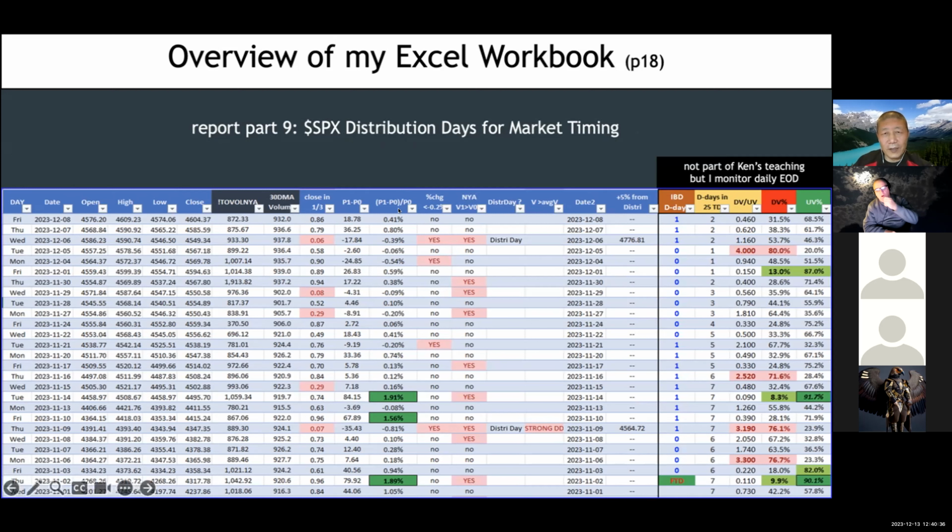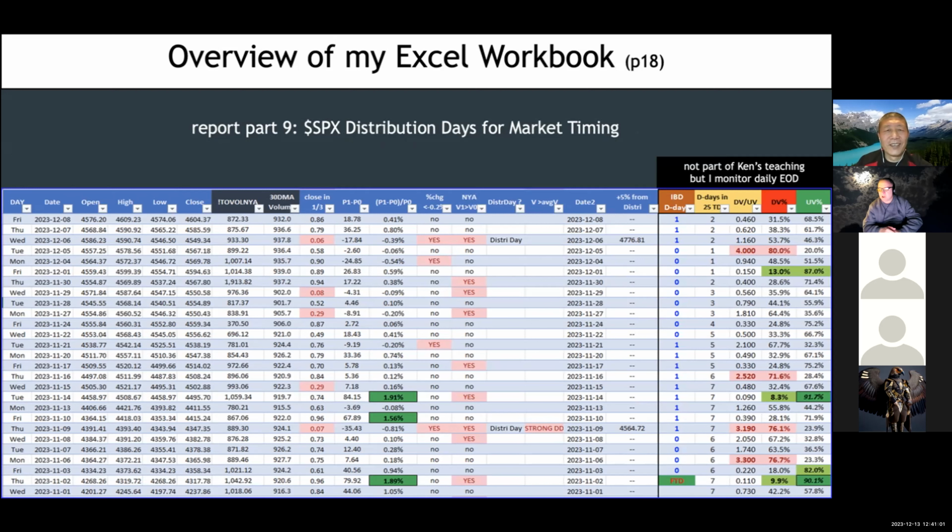But then I noticed that December 6th is considered a distribution day because both of the criteria were hit. But if that's the only one in the previous 20, the absence of distribution days lets you know that the market is being bought, I suppose. That means the market is really strong.